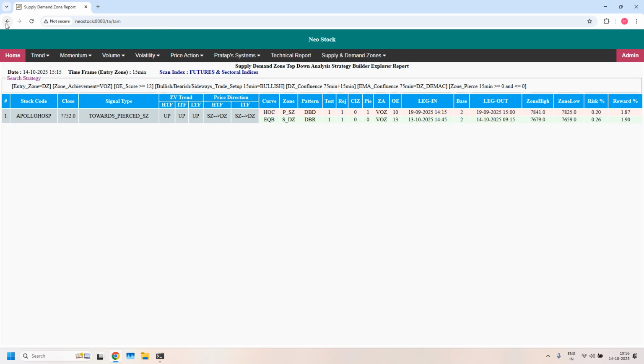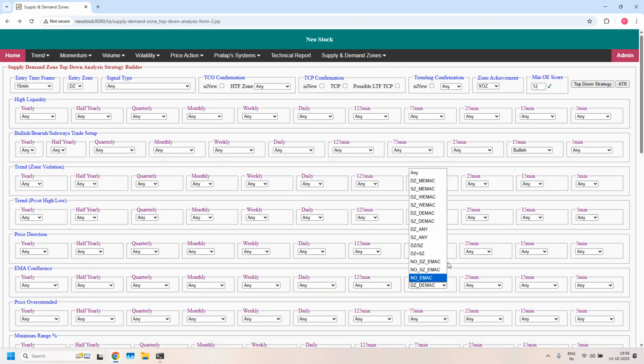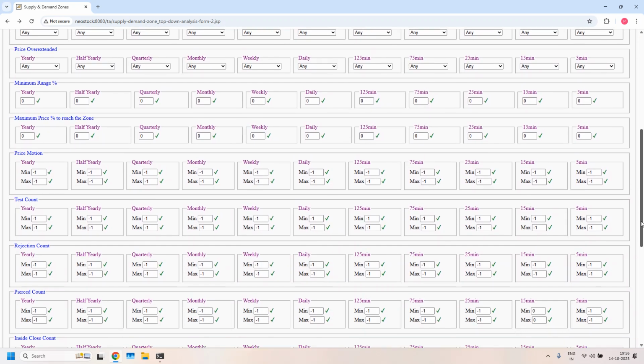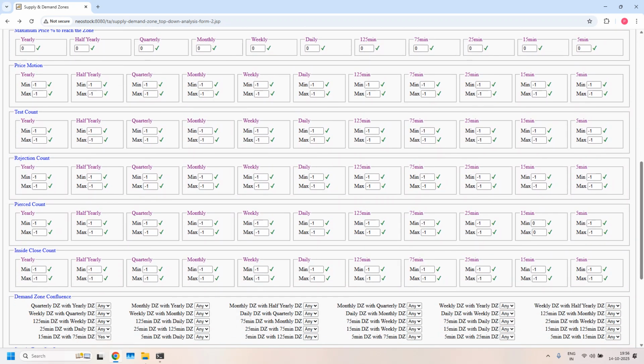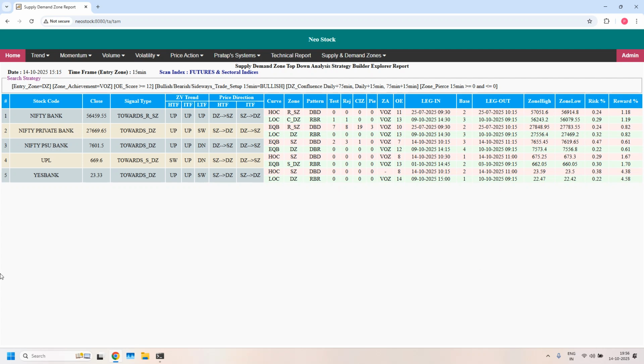Okay, as per the second strategy, removing the ITF EMA filter, the demand zone confluence, three filters I have to set: 15 minutes and 75 minutes, 15 minutes and daily, 75 minutes and daily demand zone confluence. With all the three filters, we got 5 stocks.